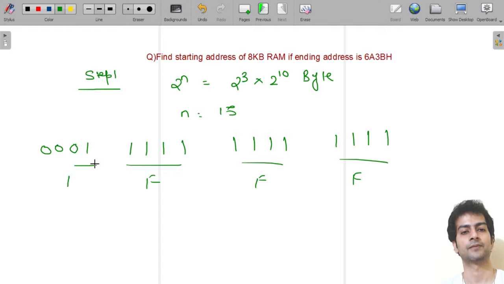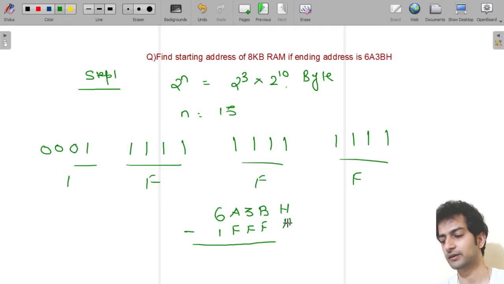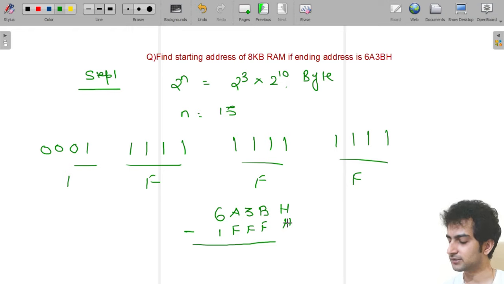So it will be 1FFF. Now what is given? The ending address is given. Now we have to subtract to get the starting address, and we will get the answer as 4A3CH.